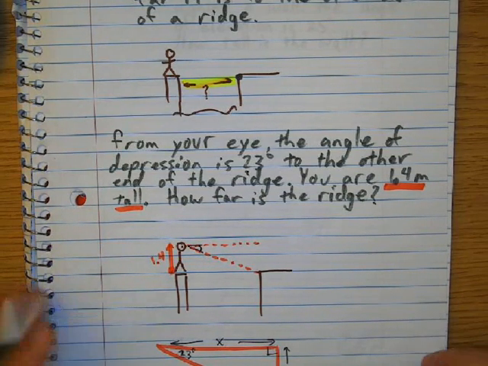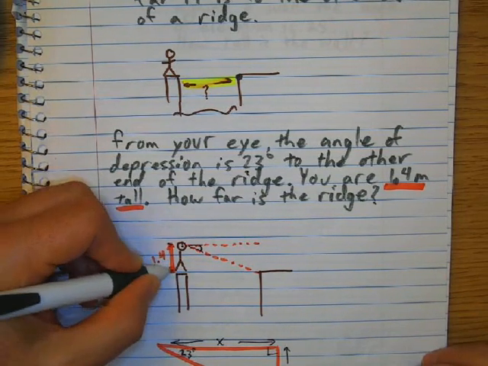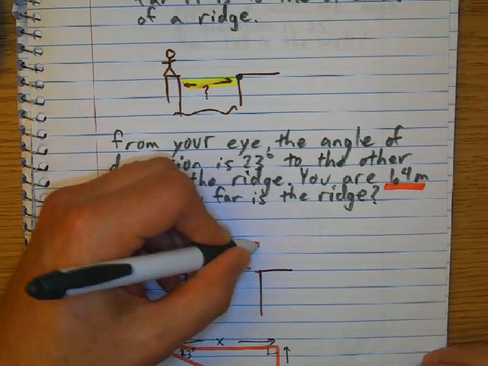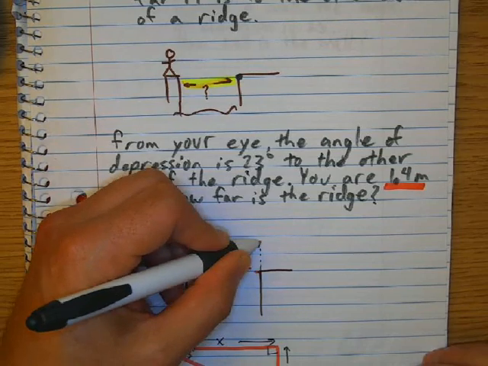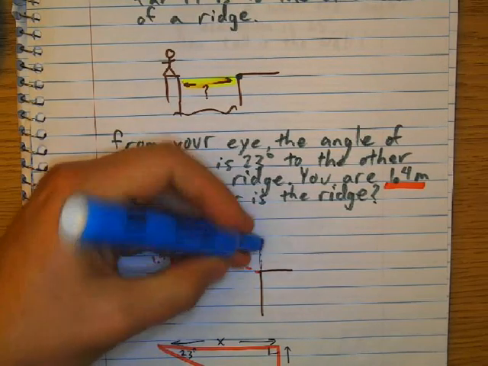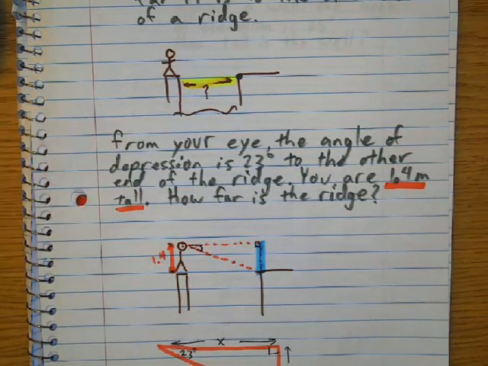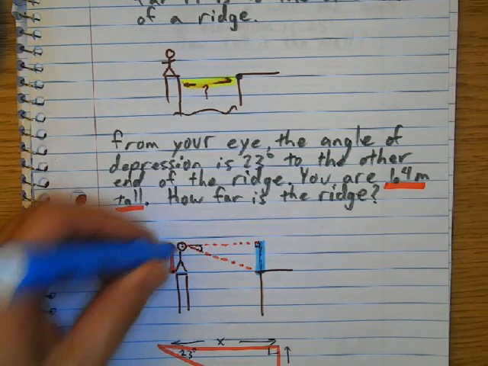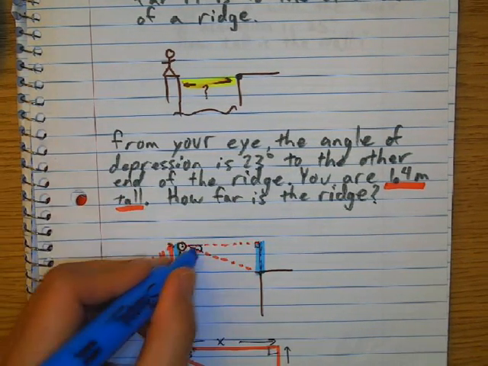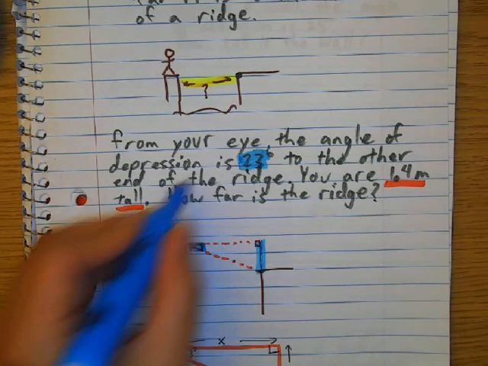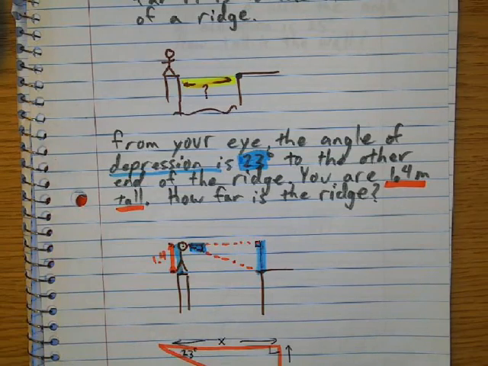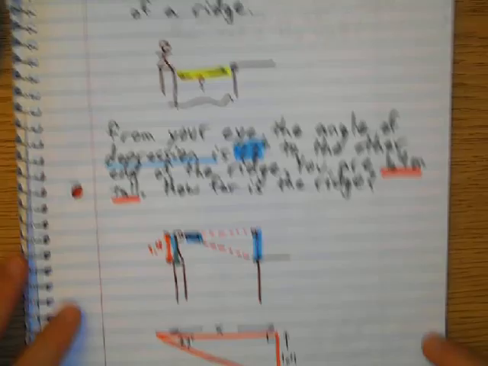If from here to here is 1.4, and I draw an imaginary line here, then this line that I'm drawing in blue should be the same height as your height, and you know this angle of depression is 23 degrees. Given this information, I can draw this triangle.